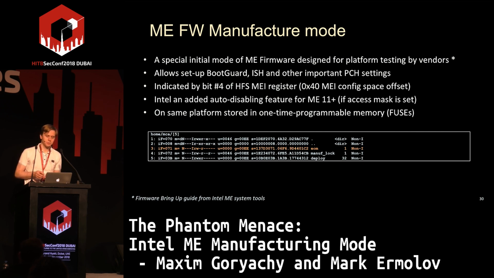These settings include Boot Guard configuration, like mode, policy, hash, and digital signature key for the ACM module and UEFI firmware. Many important settings you can skip if manufacturing mode is activated.